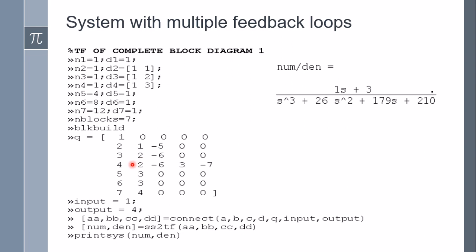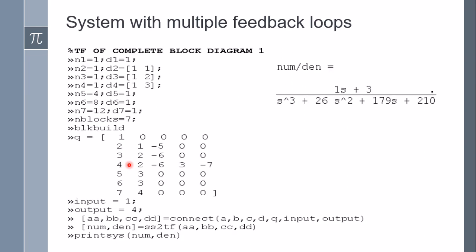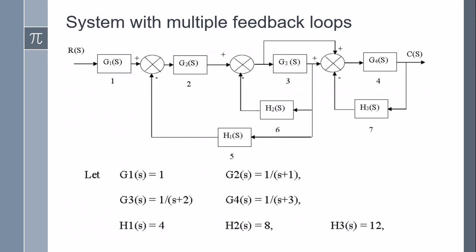Then we'll come to the fourth block. If you take the fourth block, it has one input coming from the summing amplifier, and to the summing amplifier I have 4 inputs. One input is from the feed forward path, that is before G3.